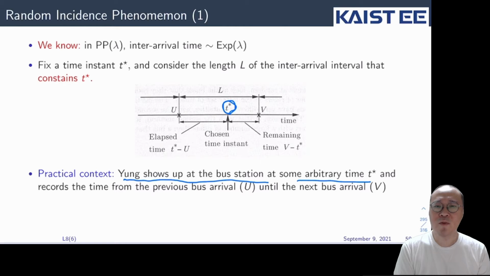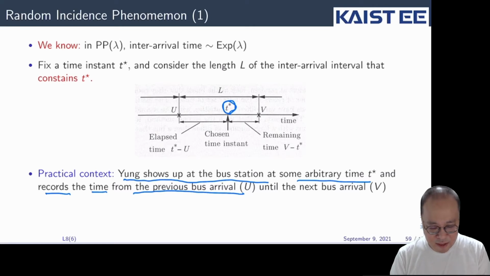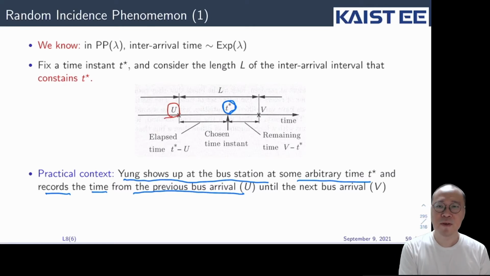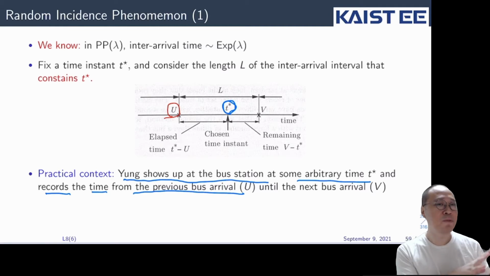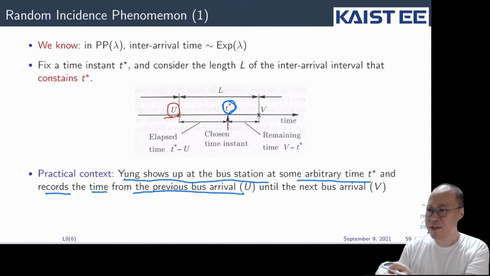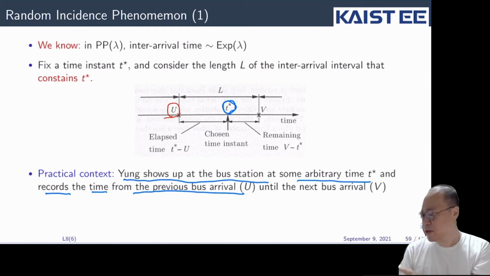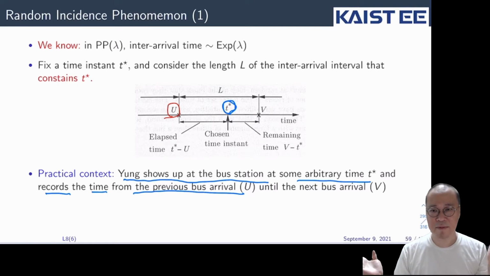And then he records the time of the previous bus arrival, and that is denoted by U. Well, maybe we can do this by asking some people around there. So I just show up at 9 a.m. at some bus station and ask the people, when was the previous bus arrival? Jung is told that it was 8:40 a.m., for example, and that is U.